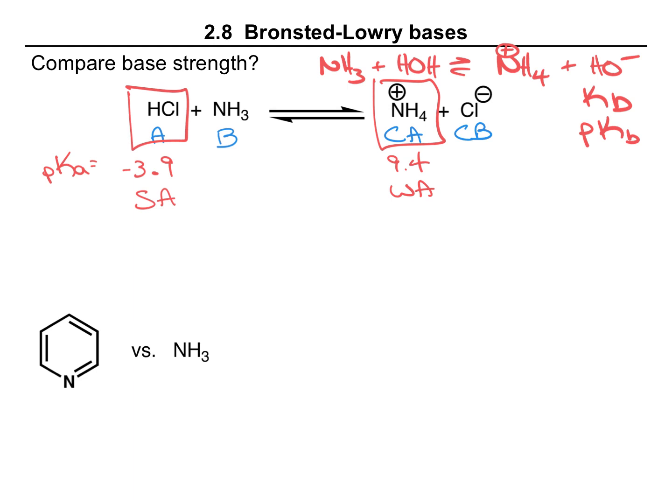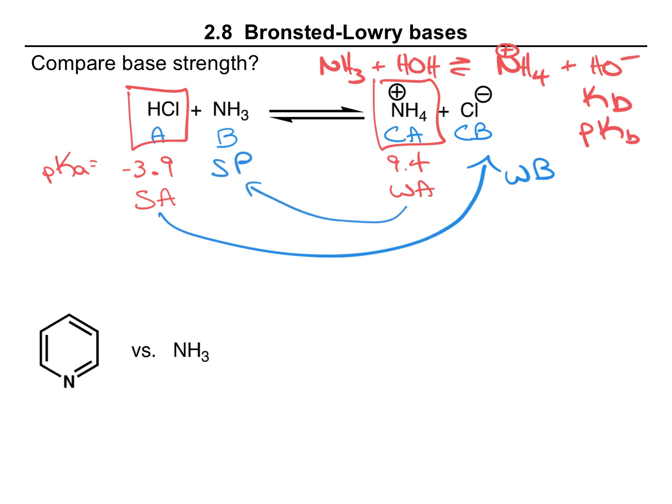Furthermore, we know that the conjugate of the stronger acid is going to be the weaker base. The conjugate base of the weaker acid is going to be the stronger base. So by comparing the relative strength of acids, we can also compare the relative strength of their conjugate bases.